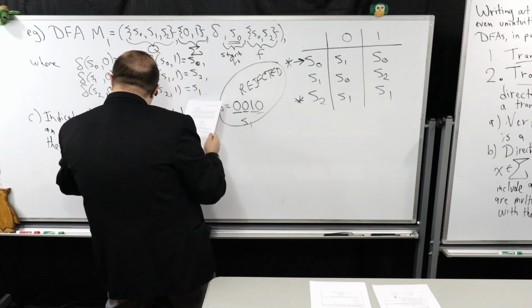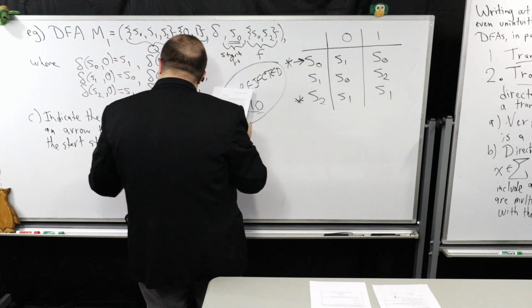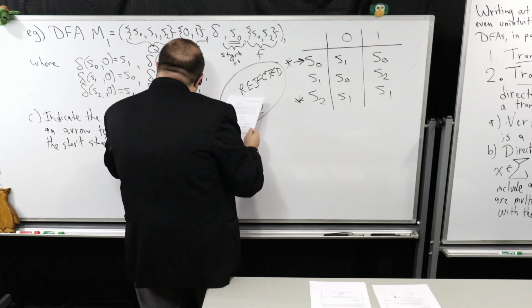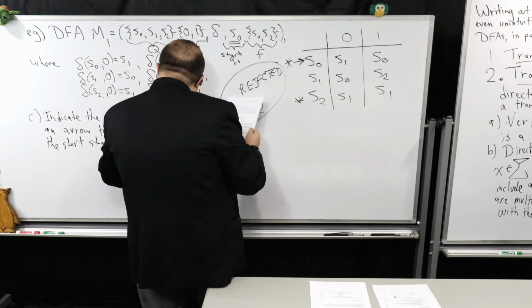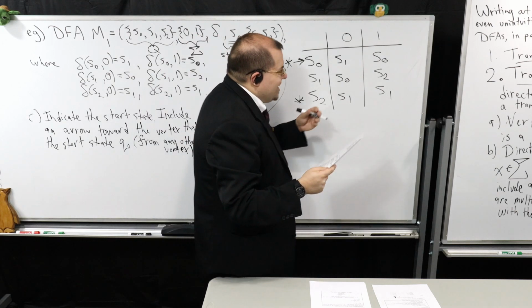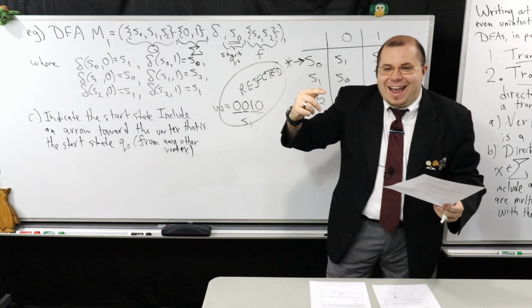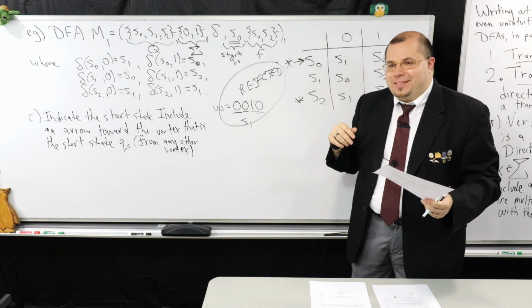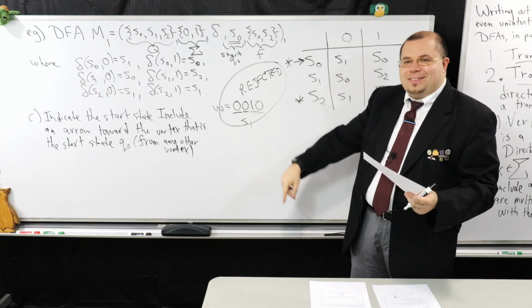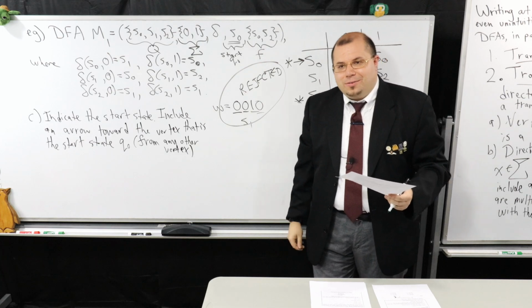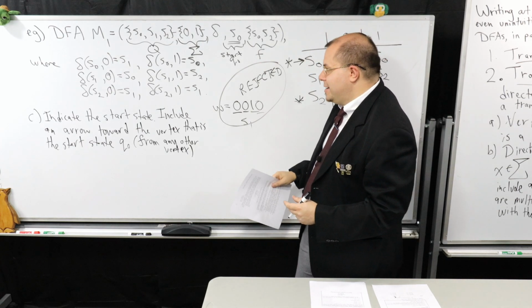If it's called Q0, then you go to Q0. And note it's not from any other vertex. So this will just be some dangling edge pointing out from the ether, okay? It's not coming from any other vertex or anything. It's just going to be an arrow. You point it at the start. You may even indicate it literally by adding "start" on top of the arrow. That's what I usually do to make it a little easier to read.